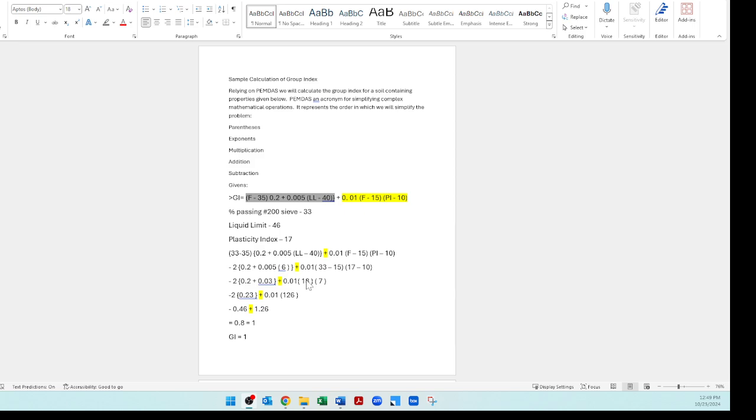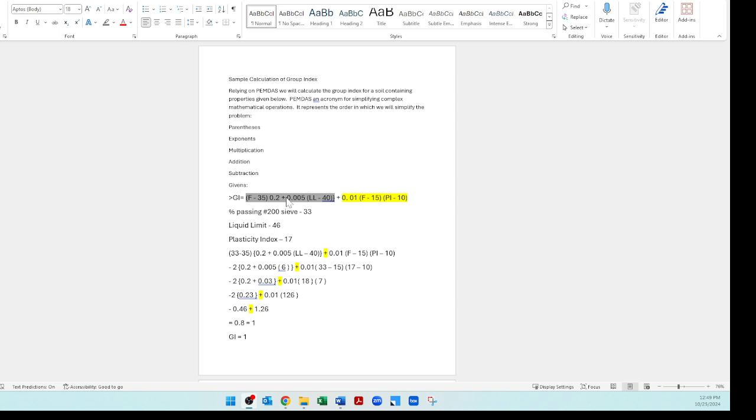Exponents is like something squared or something to the third power, but we don't have any. And then the next thing we look for is addition, and now we do have that. We want to be extremely cautious about addition, even though it's not very fancy, and it's so important when to add, when not to add.